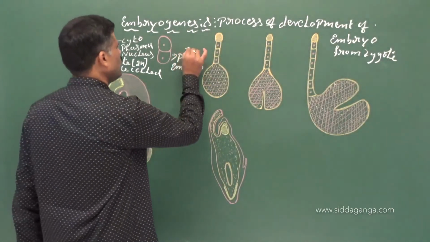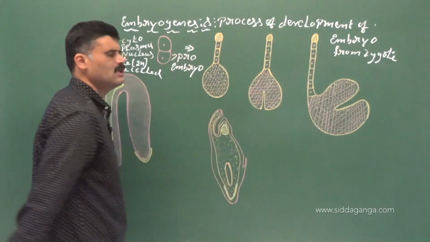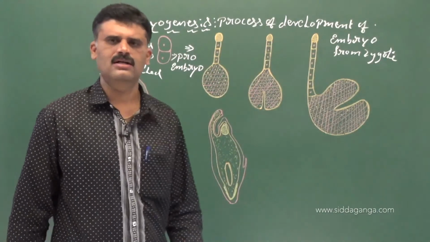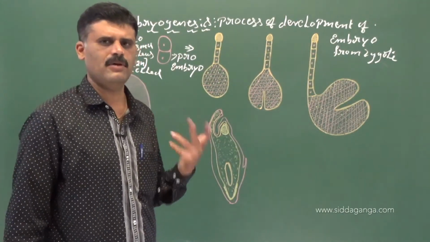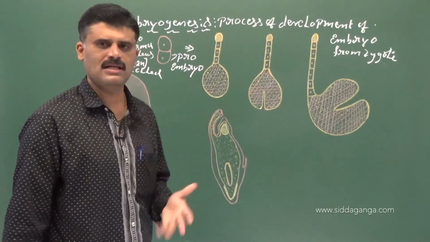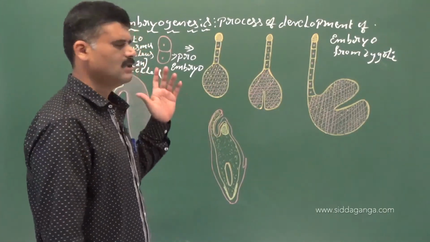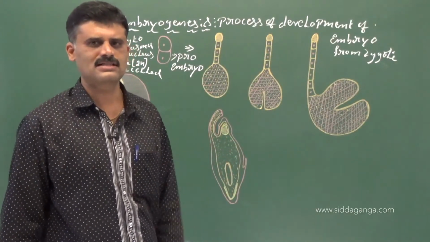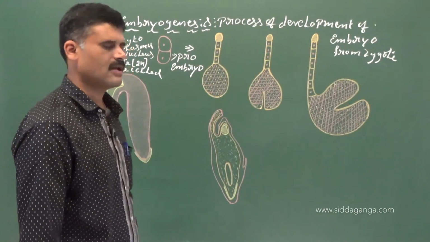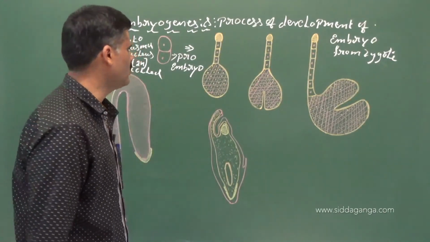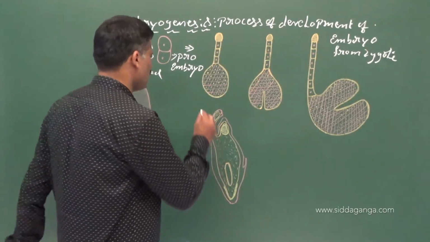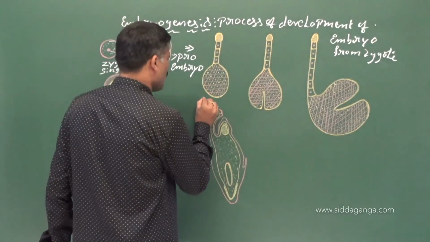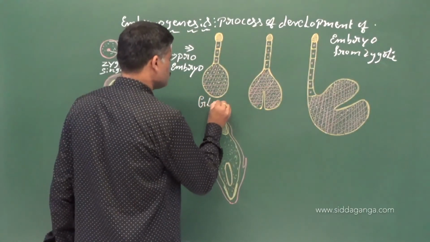Next, this proembryo undergoes repeated mitotic division. Here the mitosis is what we call cleavage. Here what happens is that immediately after karyokinesis the cytokinesis occurs. Okay, karyokinesis is followed by cytokinesis and it leads to formation of the globular embryo.